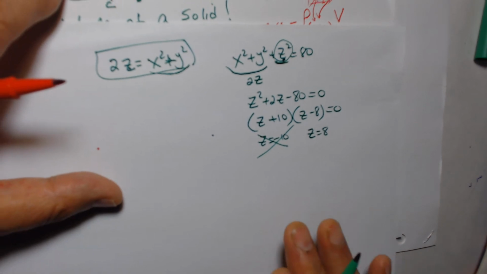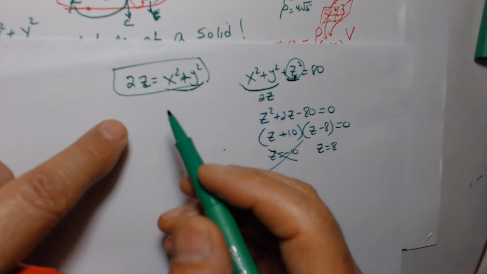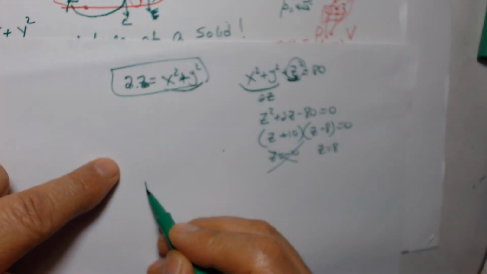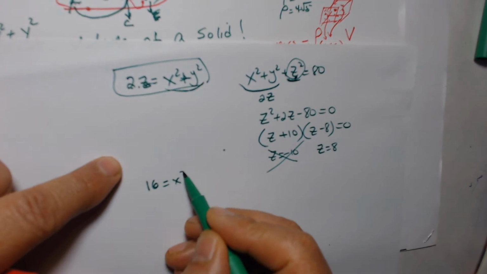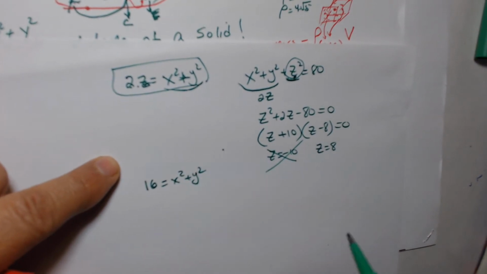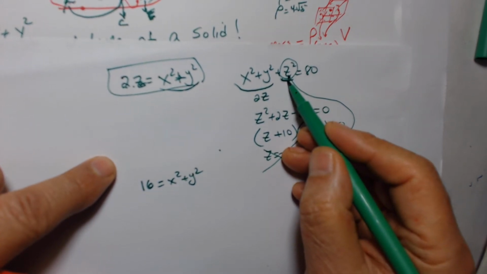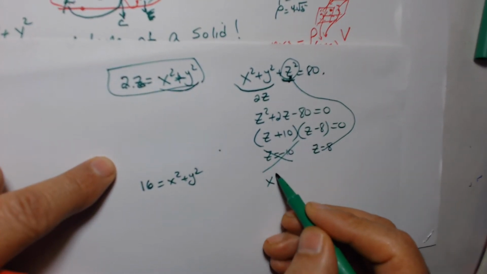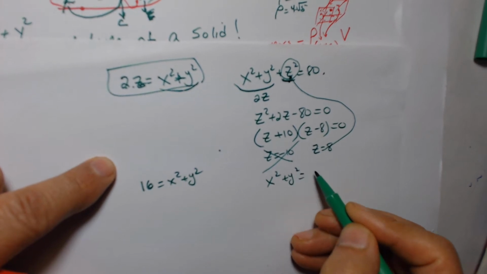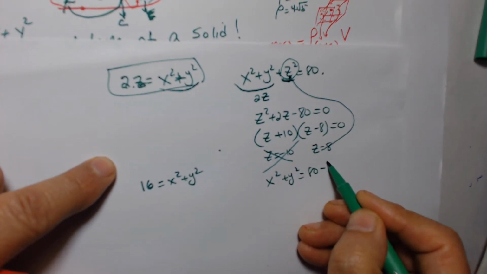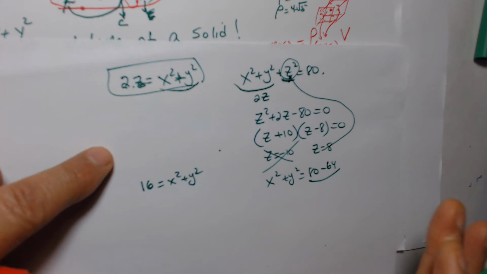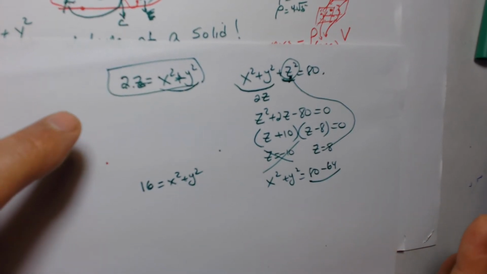Okay, let me check if that satisfies both of them. 2 times 8 is 16. And if I put 8 right here, that becomes 64. 64 goes to the other side, it becomes negative. And it becomes 80 minus 64. Oh, that becomes 16. That's good.